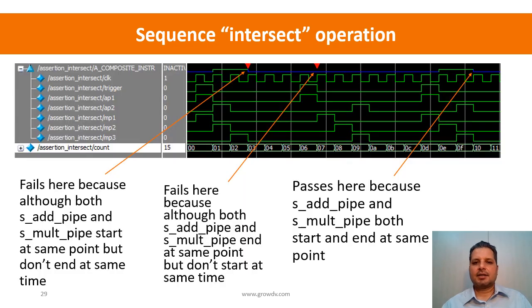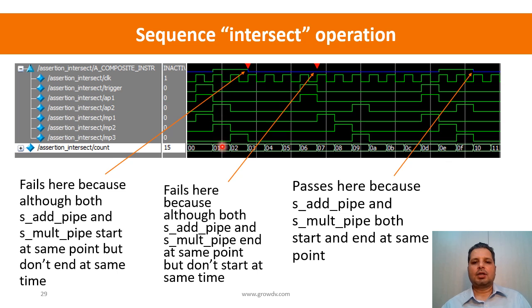Okay, let's understand the waveforms for the intersect. So we have added the property in the waves, and here comes the first trigger at the count of 0, and in the overlapping fashion we have the AP1 assertion, and then on the same clock cycle we have the MP1 assertion. So both the add and the mult sequences are starting in an overlapping fashion along with the trigger at the same sampling event, and hence our composite property has gotten activated.